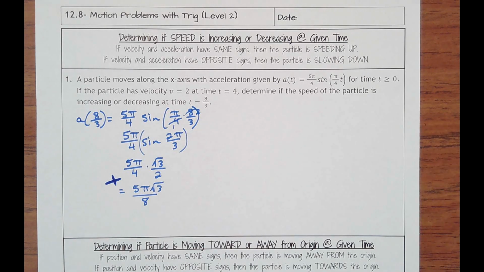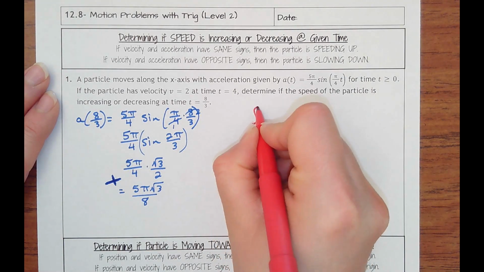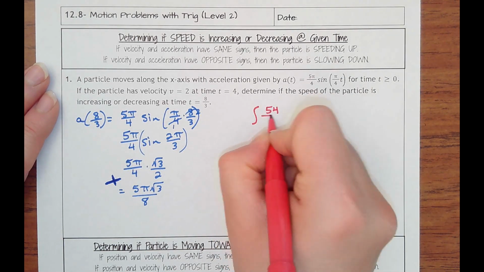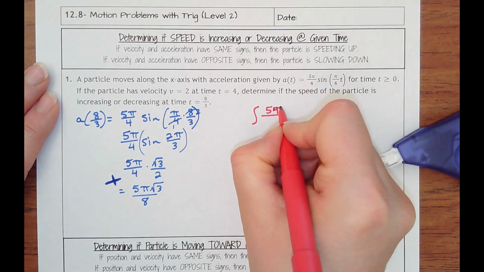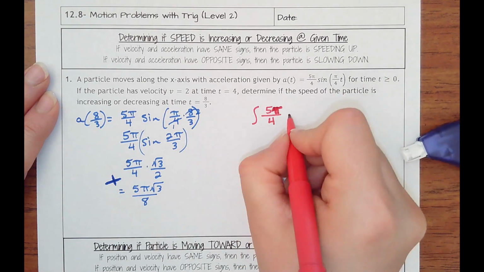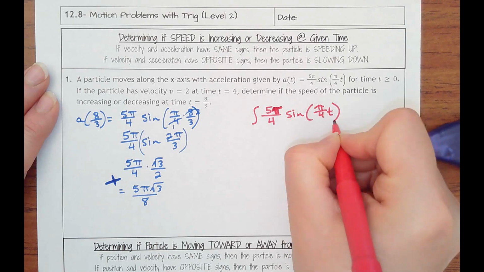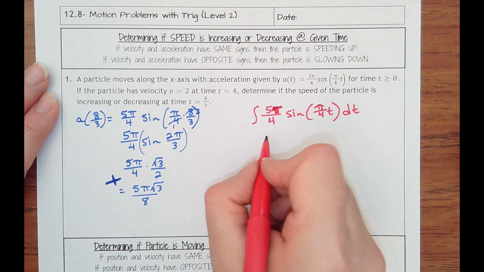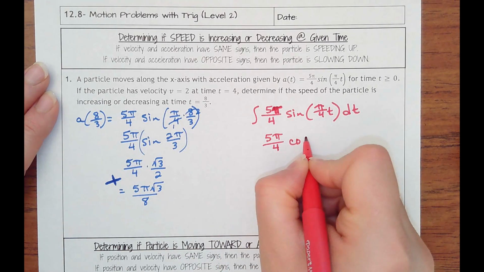Now I'm going to find velocity. So I'm going to have to anti-derive my 5 pi over 4 sine of pi over 4 t with respect to time. So I'd have 5 pi over 4, and then I think the antiderivative is cosine.